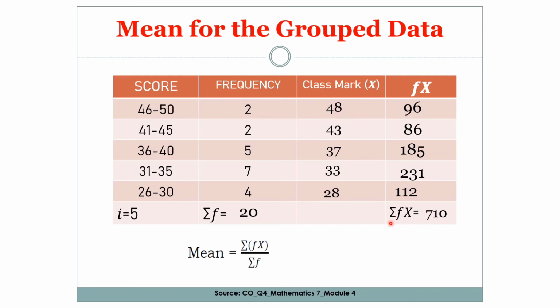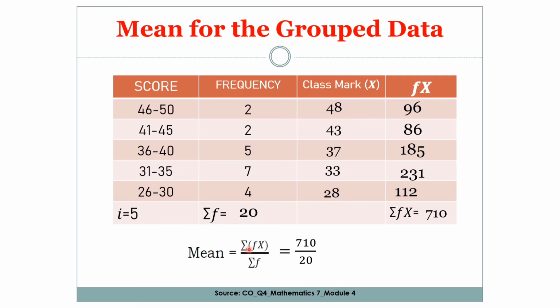Since we already have the values needed in the formula, we can now calculate the mean. Using the formula, mean is equal to summation of the product of frequency and the class mark divided by summation of frequency. All we need to do is substitute the value of each symbol.